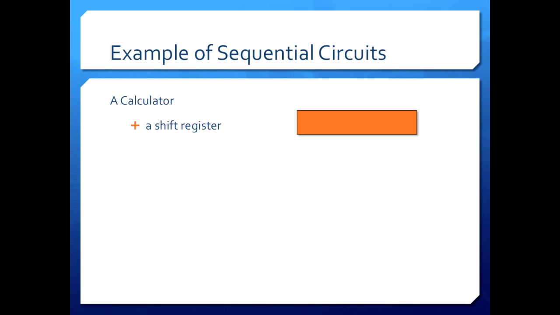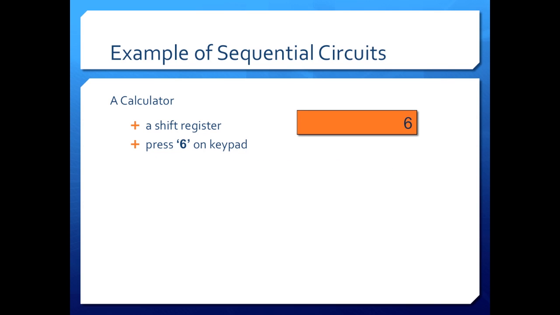An example of a sequential circuit that we have here is a calculator, which is an example of a shift register, a type of sequential circuit which is made from flip-flops. If I wanted to press the number 6 on the keypad, I wouldn't have any difficulties doing that. The 6 would pop up there.